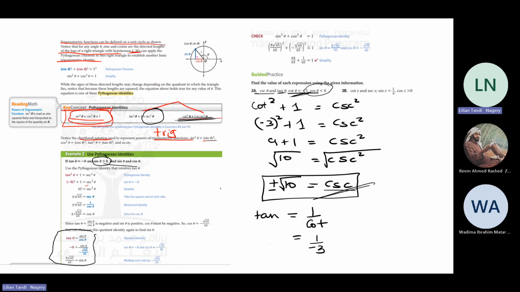I mean, we found cosecant and we found cotangent. And we want to find tan, yes? What does ChatGPT say? Ask ChatGPT, how do I find tan when I know cosecant and cotangent? That's the question we want.